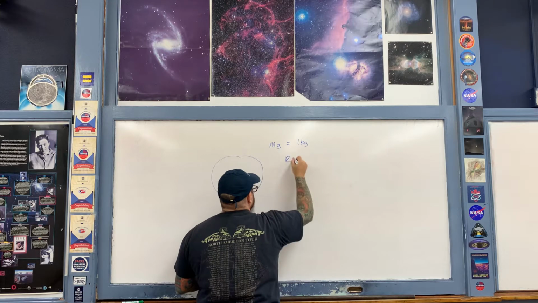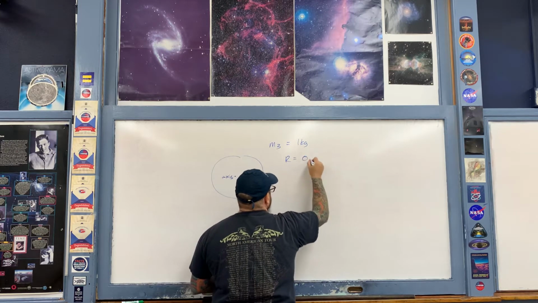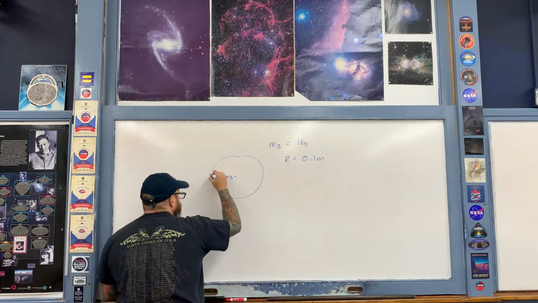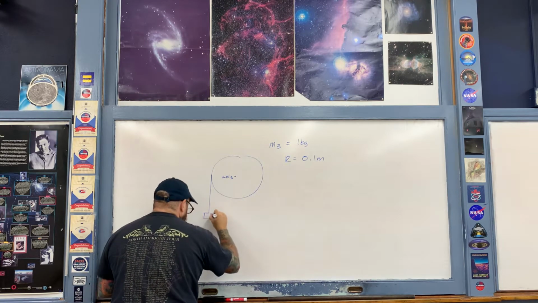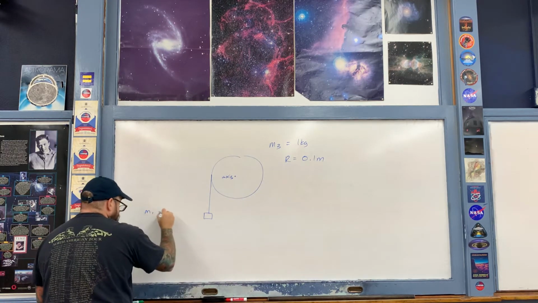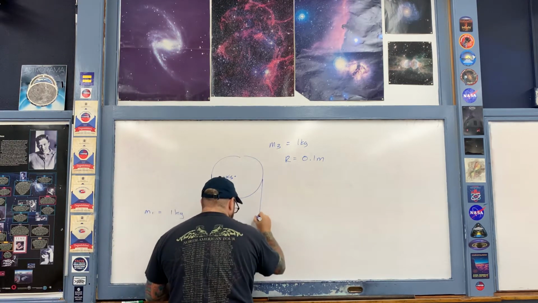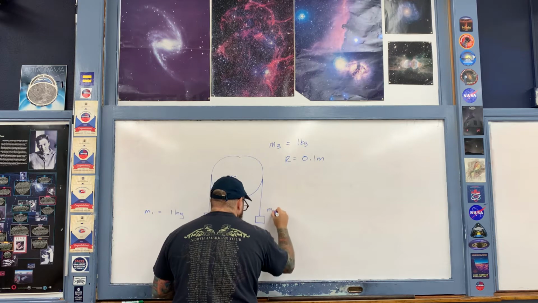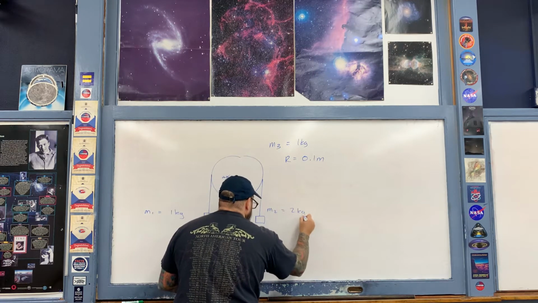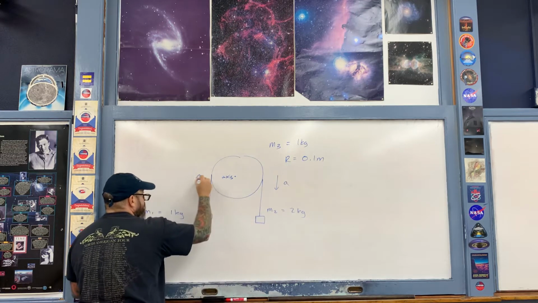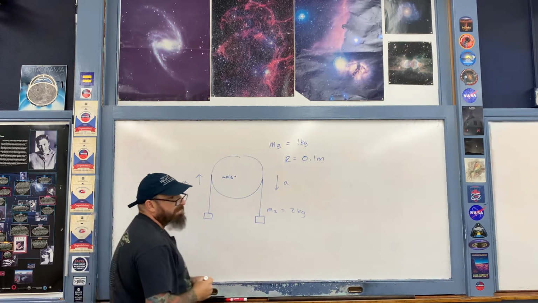And it has a radius, capital R, that's given to us as 10 centimeters, so that's 0.1 meter. Okay, and then I have my masses attached to the string. So right here off to the left is the lesser mass, M1 equals 1 kilogram. Right here to the right, like so, is the greater mass, M2 equals 2 kilograms. And then as you saw, the scenario gave us an acceleration that looked like this.